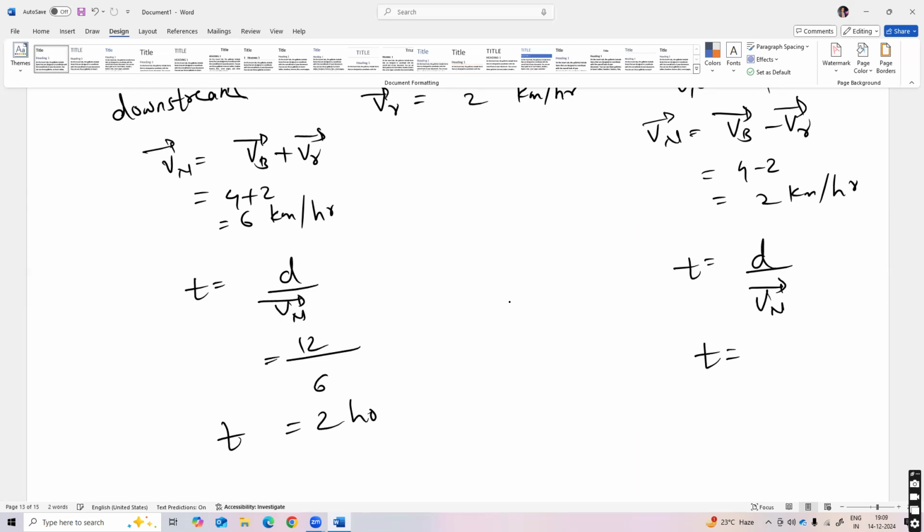For the upstream case, the distance is the same, 12 kilometers, whereas the net velocity is 2 km/h, so the time is 6 hours.